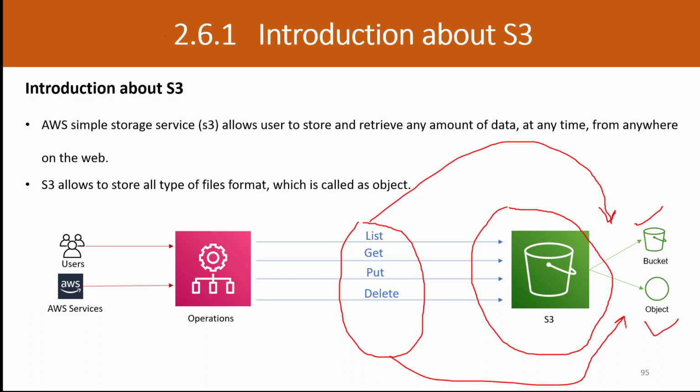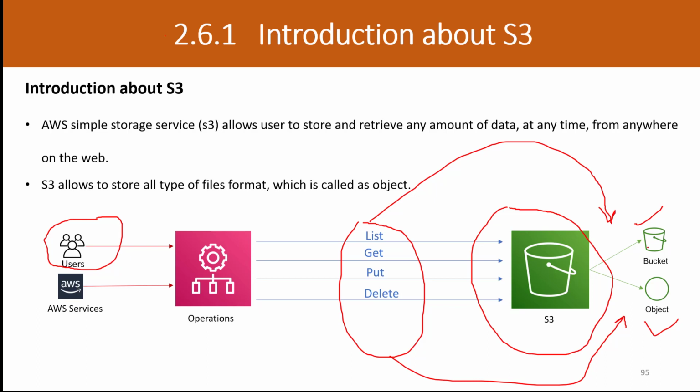These operations are performed by either users or AWS services, maybe roles, EC2 instances, Lambda functions, or any other AWS service, at the bucket level as well as the object level.